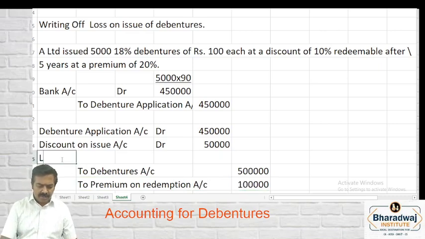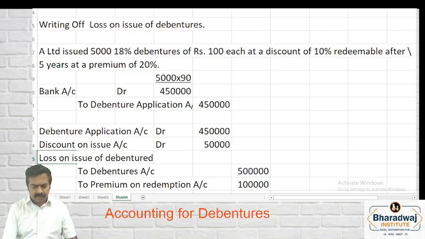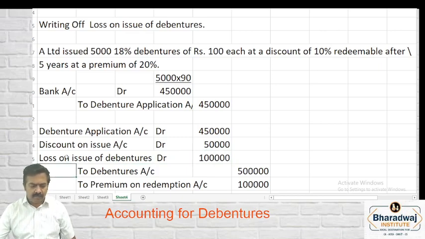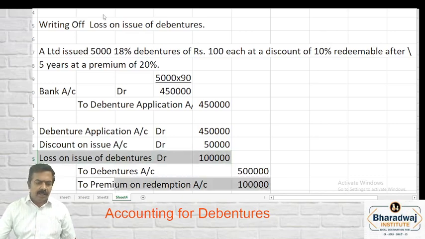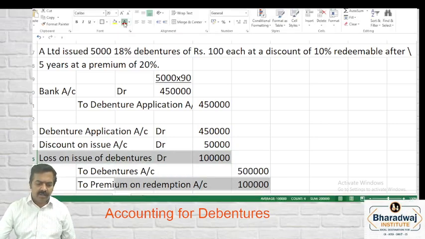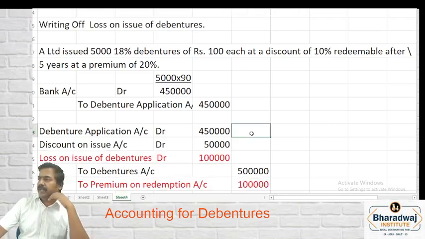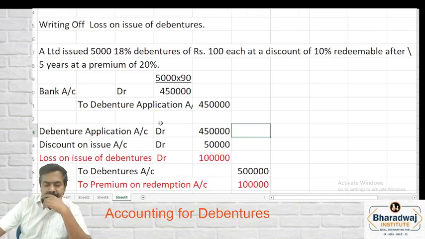That will be equal to loss on issue. Always premium on redemption will be equal to loss on issue.